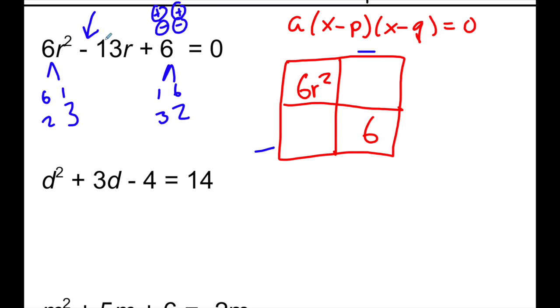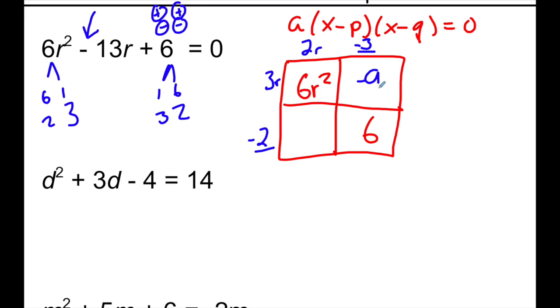And so now I'll start to play around with some possibilities. I'll choose 2 and 3. So I'll choose 2r and 3r. That gives me 6r squared. Let's see if I can make 13. I think I can do it. So what if this is 3 and this is 2? It's going to have to be negative 3 and negative 2 because I want a negative.